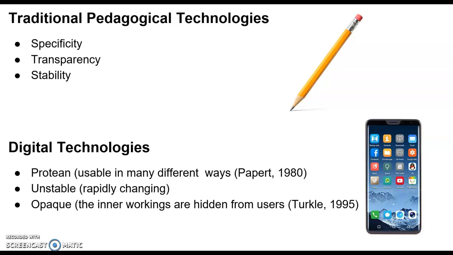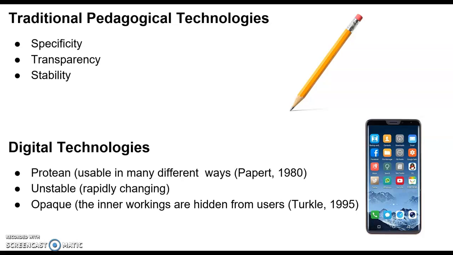Whereas these digital technologies, for example, a cell phone, they're protean in the sense that we can use them in many different ways, right? A cell phone can be a calculator, it can be an audio recorder, it can be used to call someone, it can be used to access the internet. They're unstable, right?